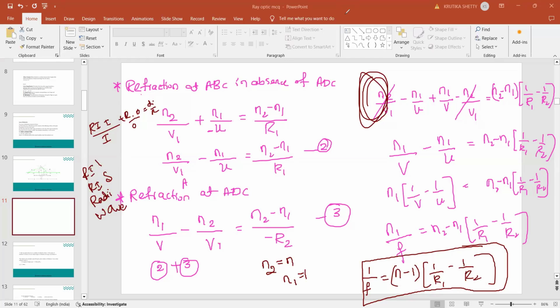Yes, everybody copied the derivation and the diagram. If any doubt is there, please ask.